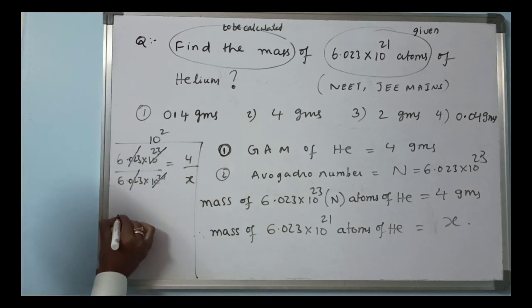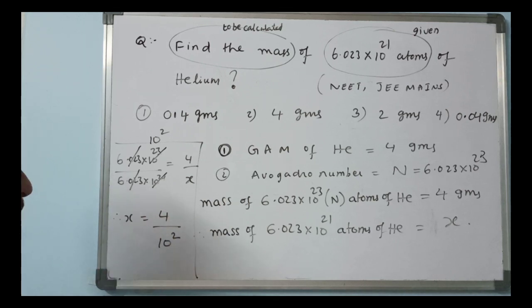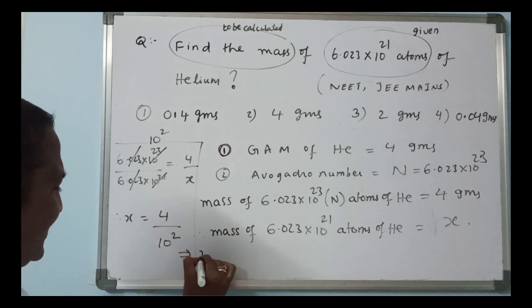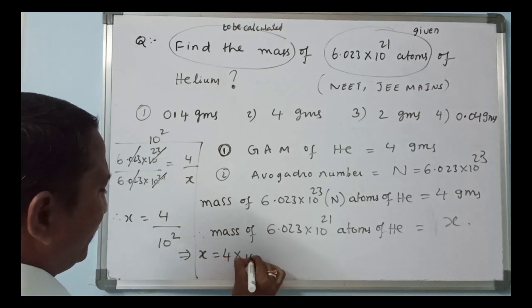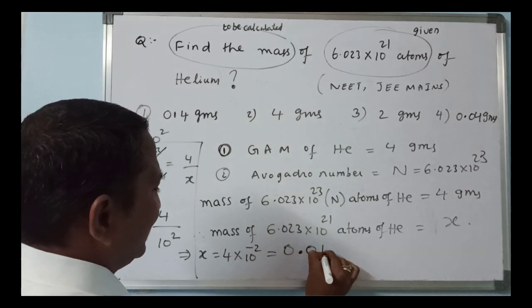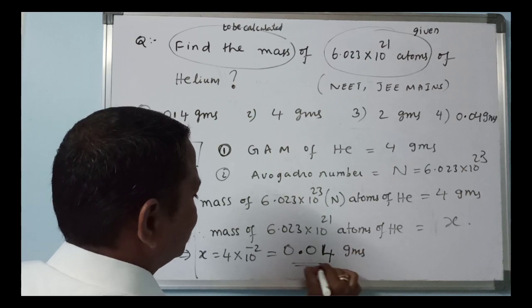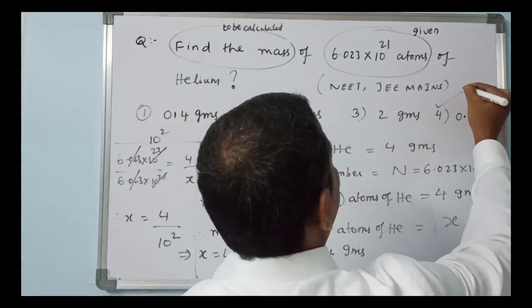Therefore x is equal to 4 by 10 power 2. That implies x is equal to 4 into 10 power minus 2. 4 into 10 power minus 2 is nothing but 0.04 grams. So the answer is 4.